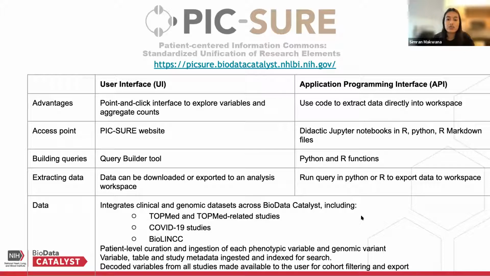Additionally, data is searchable and queryable through the API, and the API allows for data to be exchanged between PIC-SURE and other platforms. While PIC-SURE is used for many different projects, the use cases that we're discussing today use PIC-SURE powered by Biodata Catalyst. PIC-SURE powered by Biodata Catalyst currently integrates clinical and genomic data sets, including TopMed and TopMed related studies, COVID-19 studies, and BioLink data. Next slide, please.